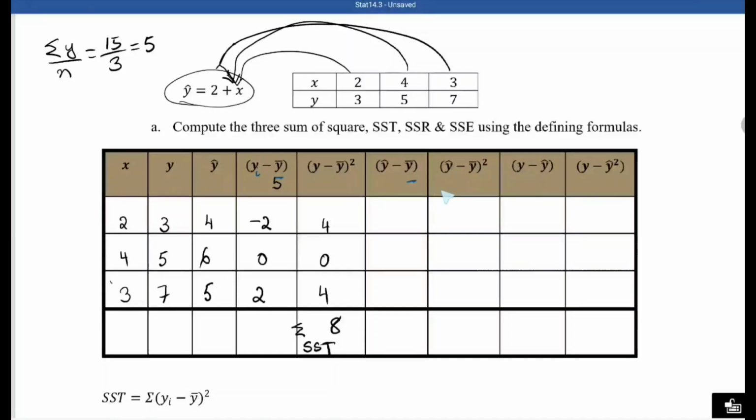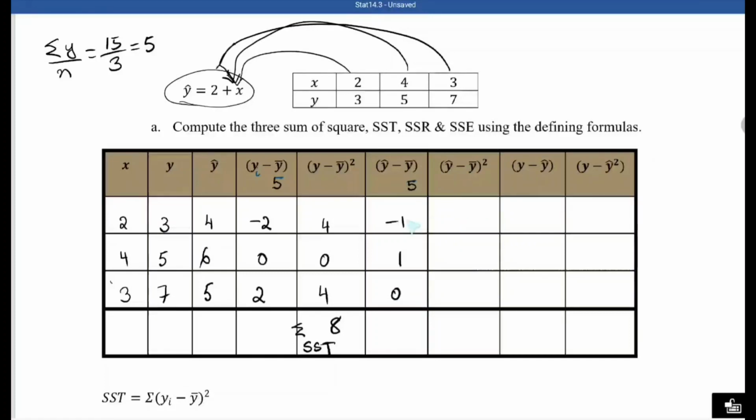Now we'll go on to the next two columns, which are for finding SSR. Now this time it says y hat minus y bar. Now y bar is the same, it's 5. So now we will take the y hat column and subtract 5 from those values. So 4 minus 5, negative 1. 6 minus 5 is a positive 1, and 5 minus 5 is a 0.